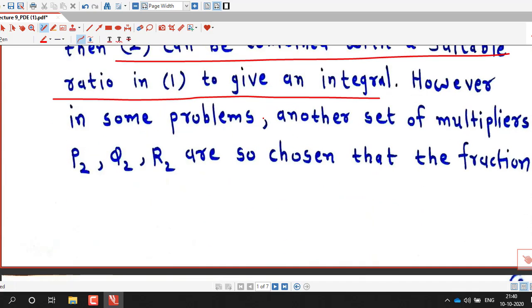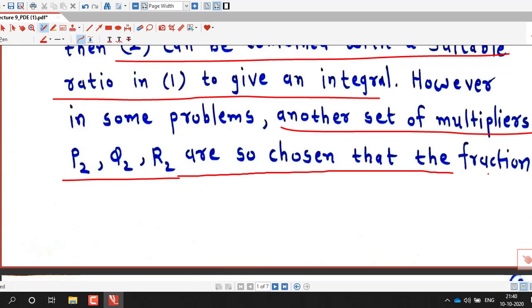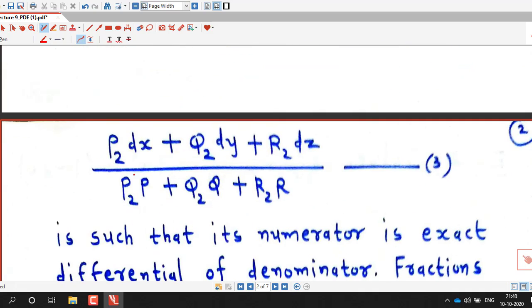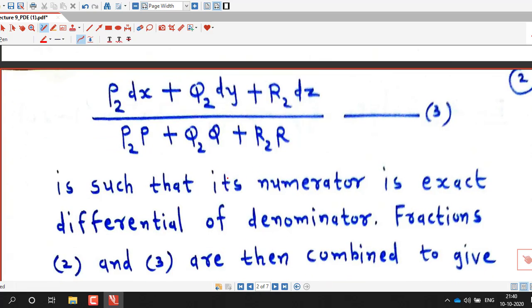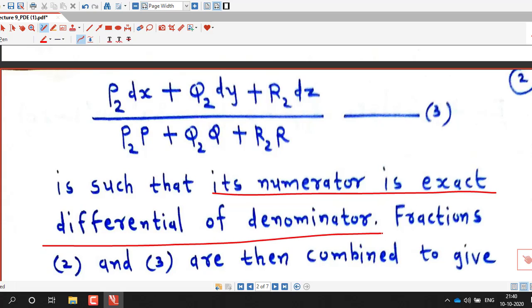However, in some problems another set of multipliers P2, Q2, R2 say are so chosen that the fraction P2 dx plus Q2 dy plus R2 dz divided by P2 into P plus Q2 into Q plus R2 into R is such that its numerator is exact differential of the denominator.